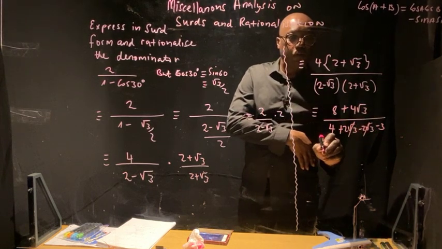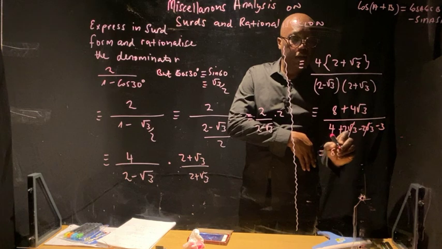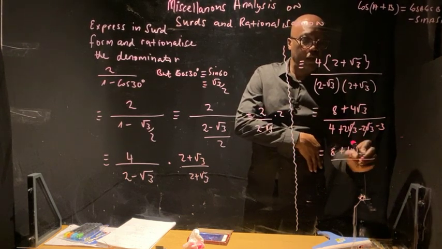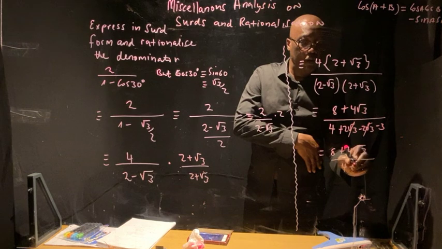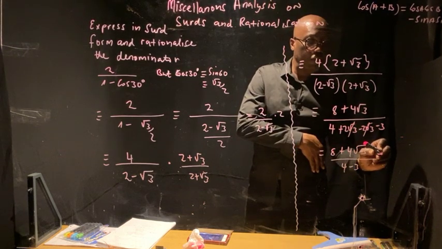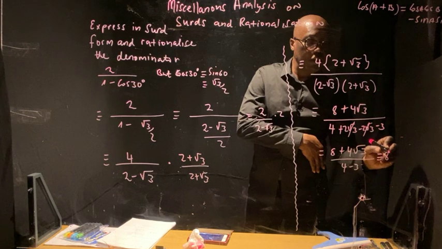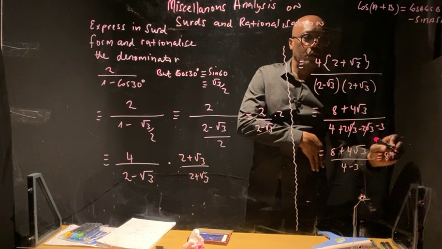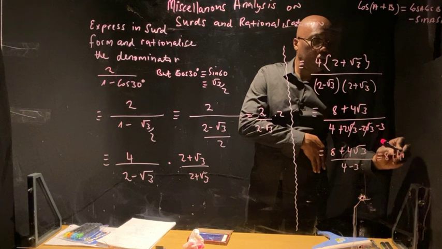So you have 8 plus 4 root 3 over 4 minus 3, where 4 minus 3 is equals to 1. Therefore, this is equals to 8 plus 4 root 3.